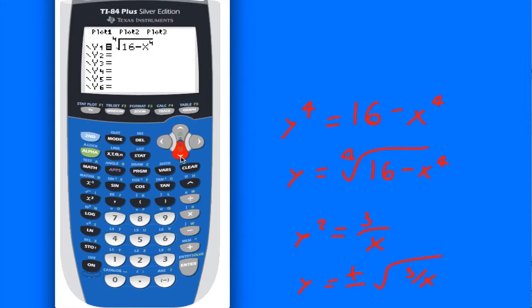We got it. And now our second y is going to be the plus or minus square root of 3 over x.